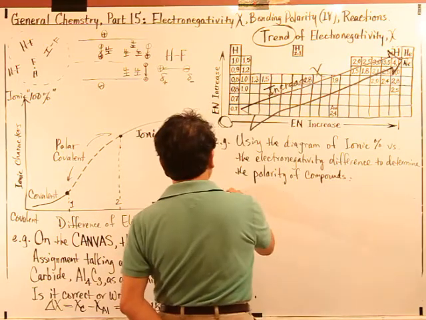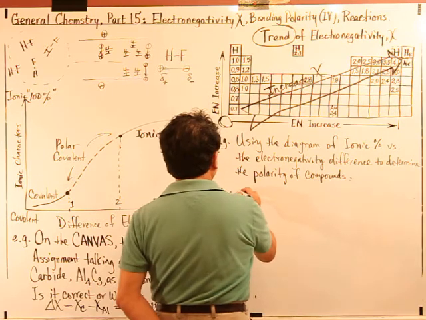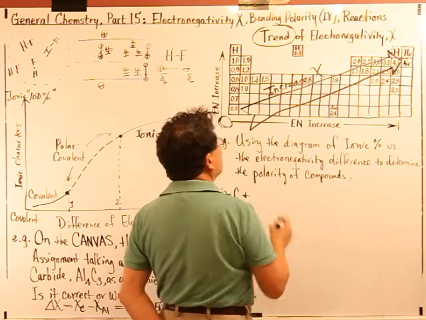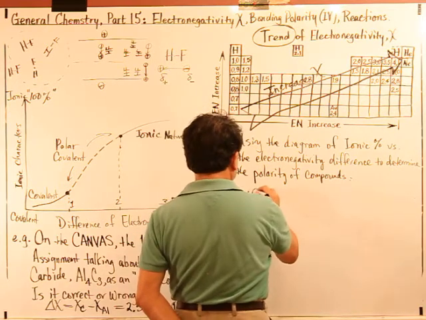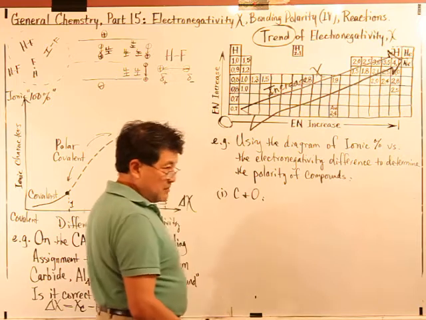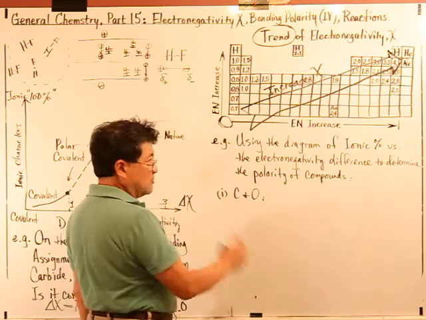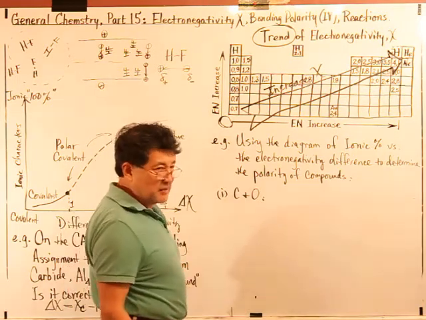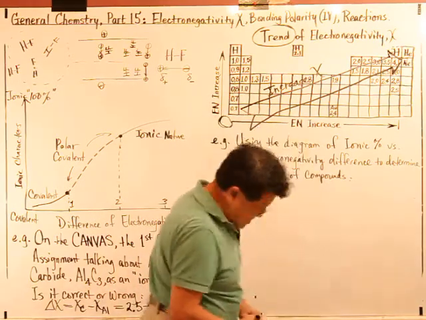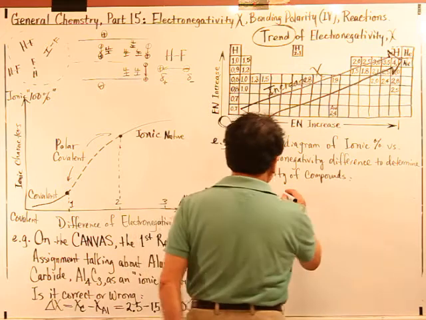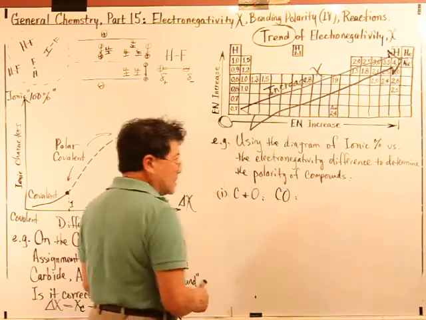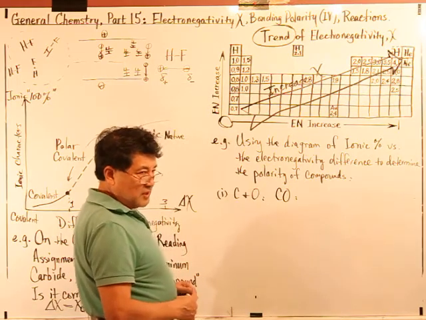Let's say the first one is between carbon and oxygen. If carbon and oxygen form a compound, let's say carbon monoxide, what is the nature of the compound?